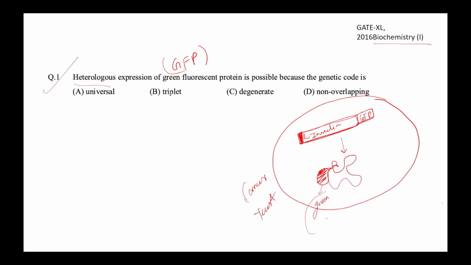If you are viewing your cells under a microscope, setting the particular excitation and emission wavelengths, and you visualize green color appearing from the cell, that says the synthesis is happening. So that green color indicates the presence of your protein. Using that GFP protein you can carry out many experiments.